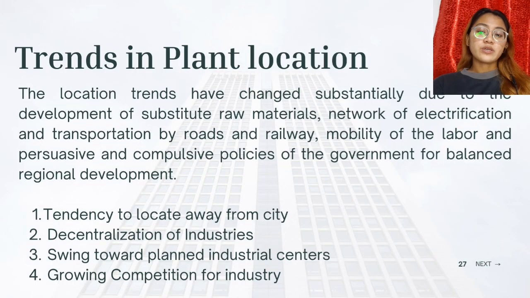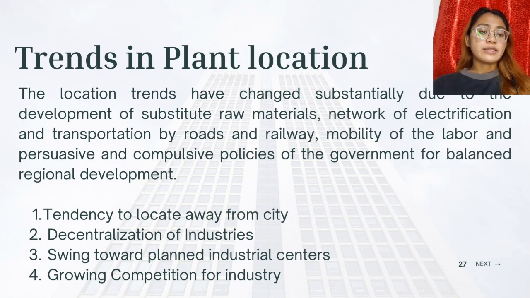So the next topic is the trends in the plant location. The location trends have changed substantially due to the development of substitute raw materials, network of electrification, and transportation by roads and railway, mobility of the labor, and persuasive and compulsive policies of the government for balanced regional development.